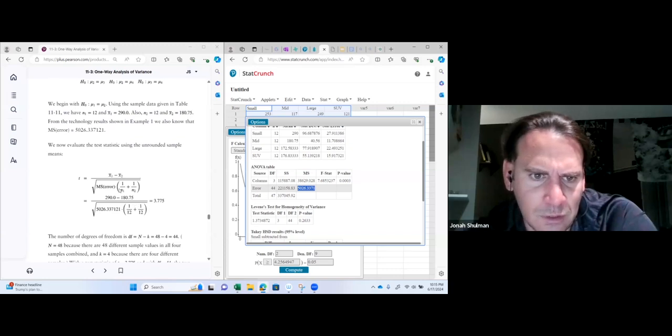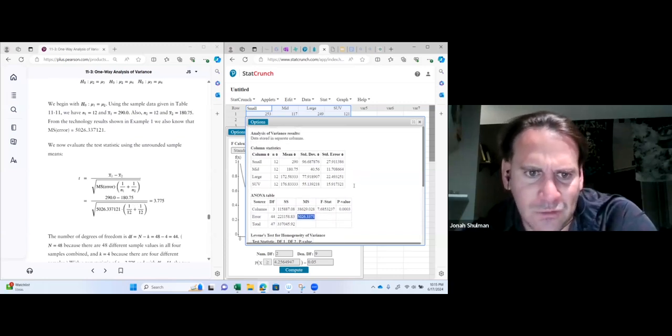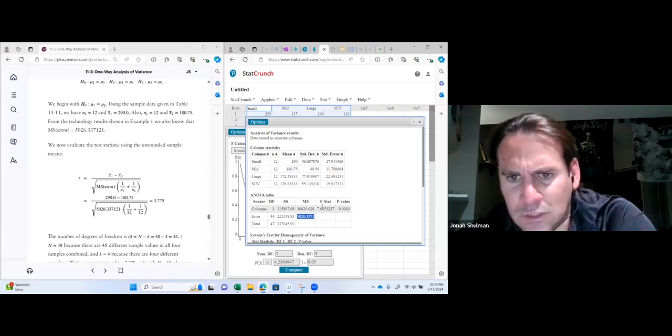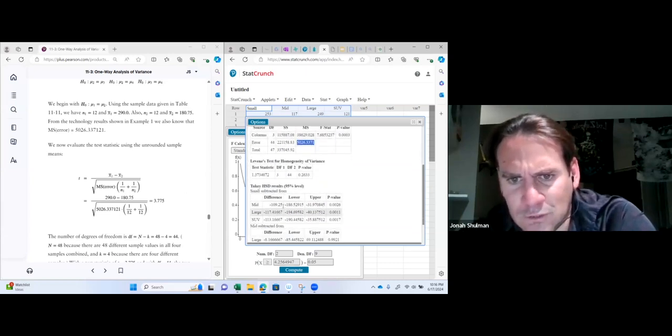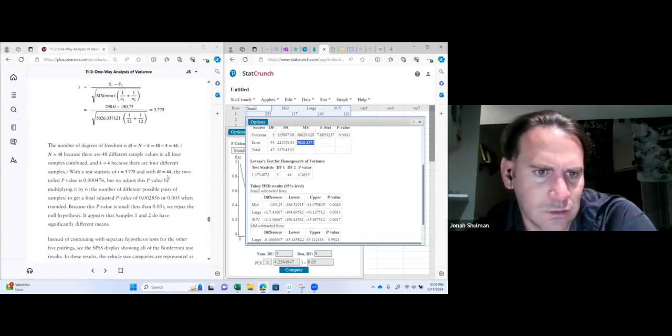Boom, boom. And we have to do this for every single mean. These are the first two means, the small car and the mid-size car. There should be some difference here, because notice in our Tukey test, we found differences between small and mid, small and large, small and SUV. They're all significant, so this one should be significant.